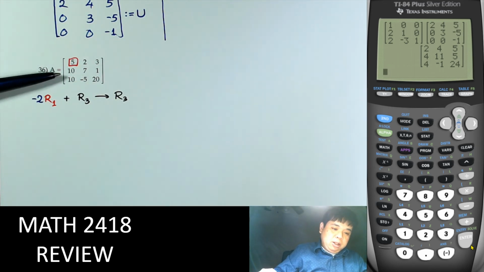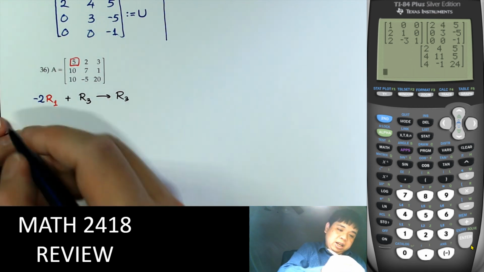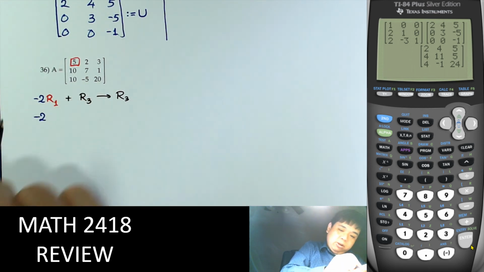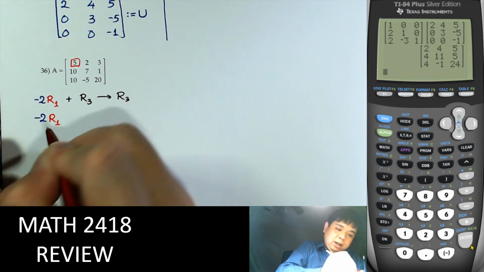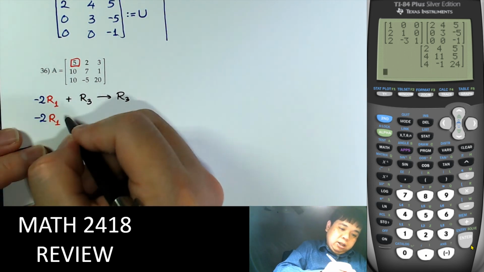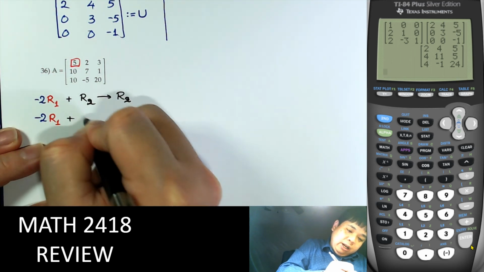And then we use the opposite of negative, so negative 2 times 5 plus 10, that will be 0. So we use negative 2 again, and then add and replace, sorry, this is 2. And now row 3.